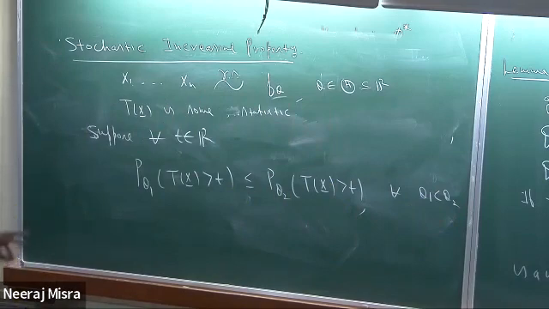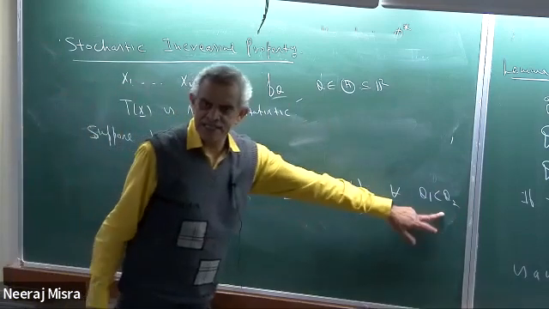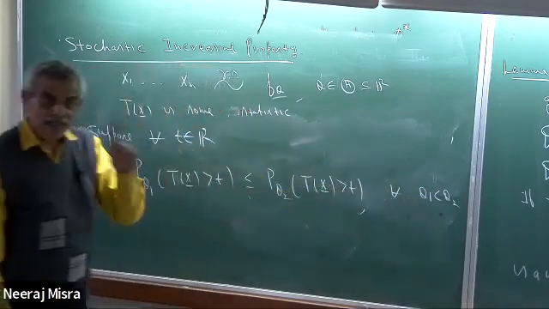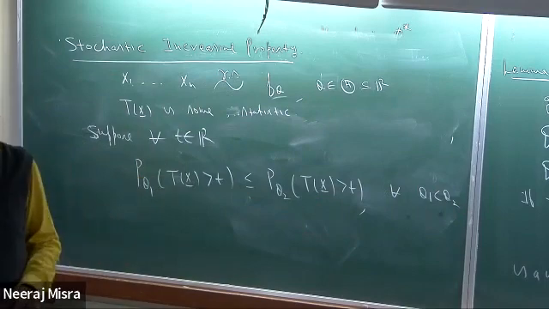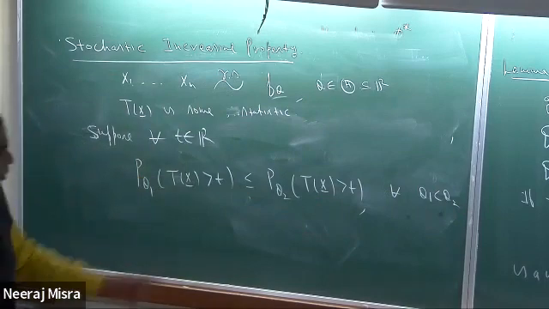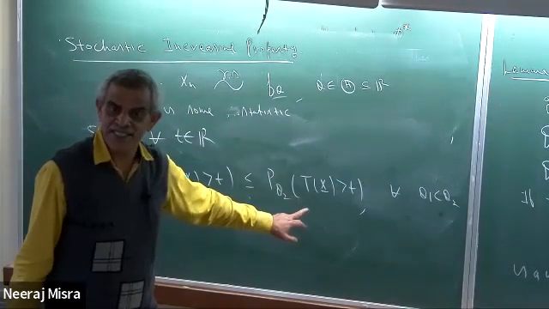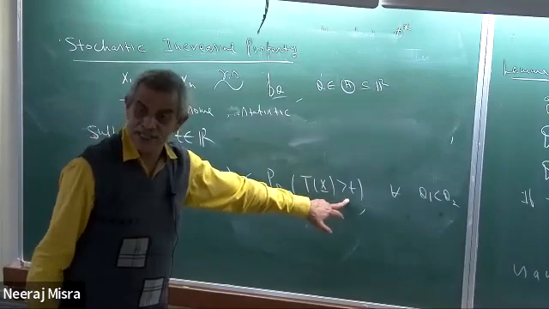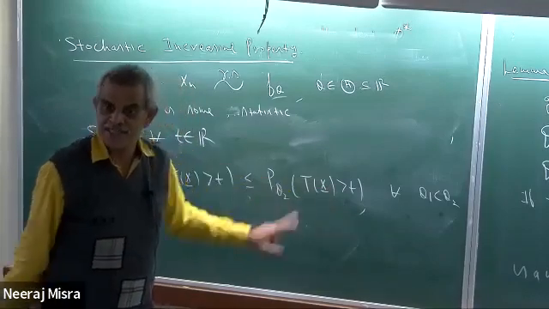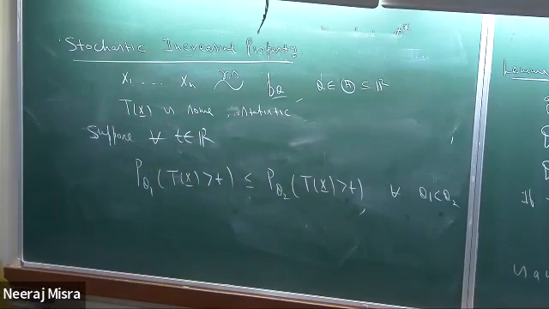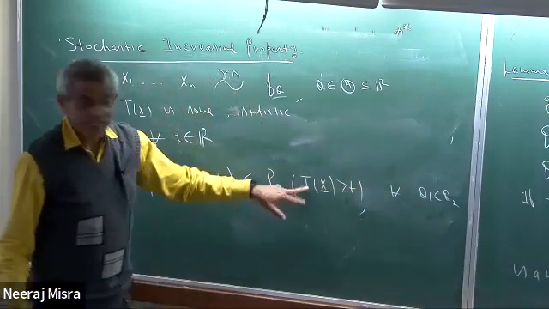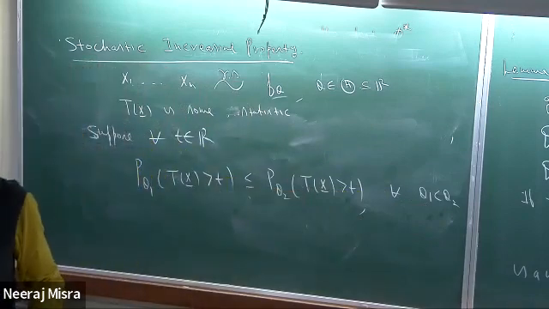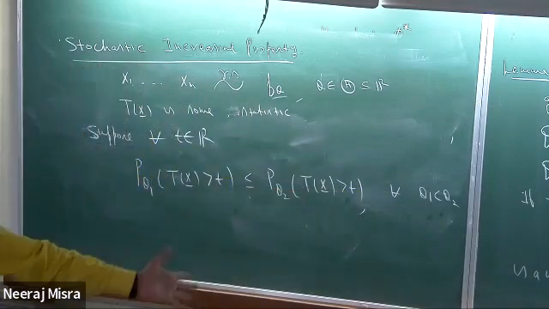What does it mean? If theta 1 is less than theta 2, then the probability that T(X) takes a value larger than t under theta 1 would be smaller than the probability that T(X) takes a value larger than the same threshold t under theta 2. So for the larger value theta 2, the probability that T(X) takes a larger value for a given threshold would be larger.